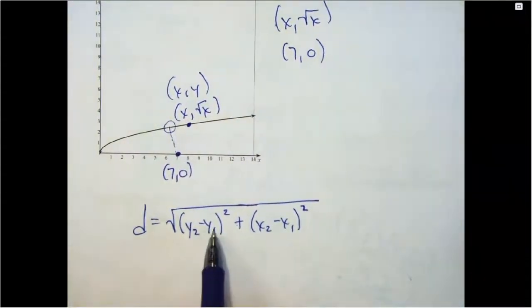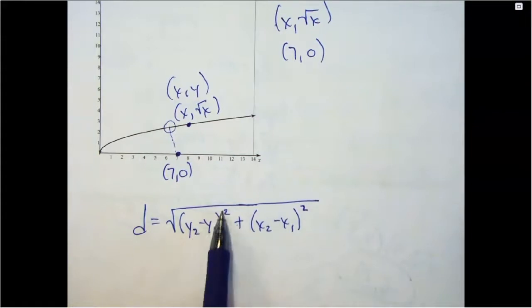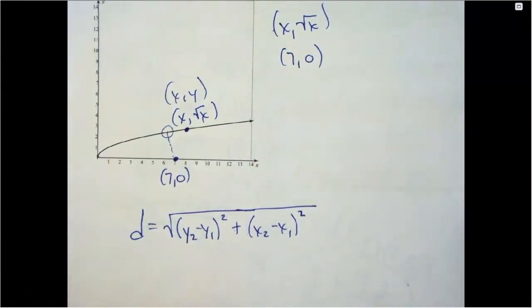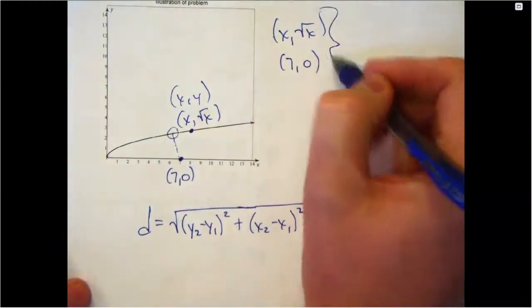The difference in the y values squared, it's really the Pythagorean theorem, a shifted around version of it. Subtract the y values and square it, subtract the x values and square it, and then square root all of that. So I'm going to do that with these 2 points.